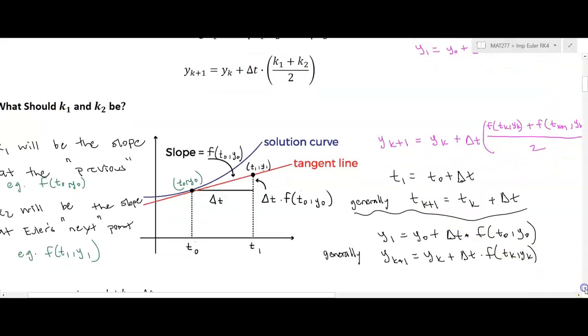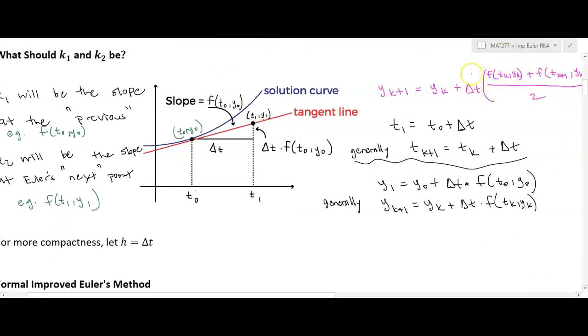Great. So now I can actually replace the parameters in this equation here. I can say y sub k plus 1, and rewrite the right-hand side with everything in terms of k and not k plus 1.